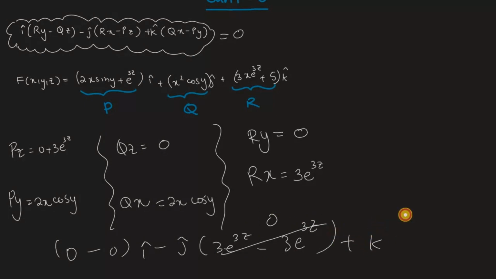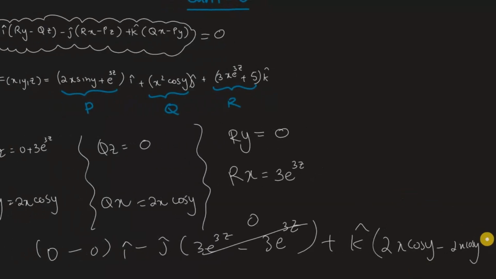Next, for the k hat, qx minus py. For qx we have 2x cosine y, and for py we have 2x cosine y as well. So we have the exact same thing over here, and this is 0 as well.